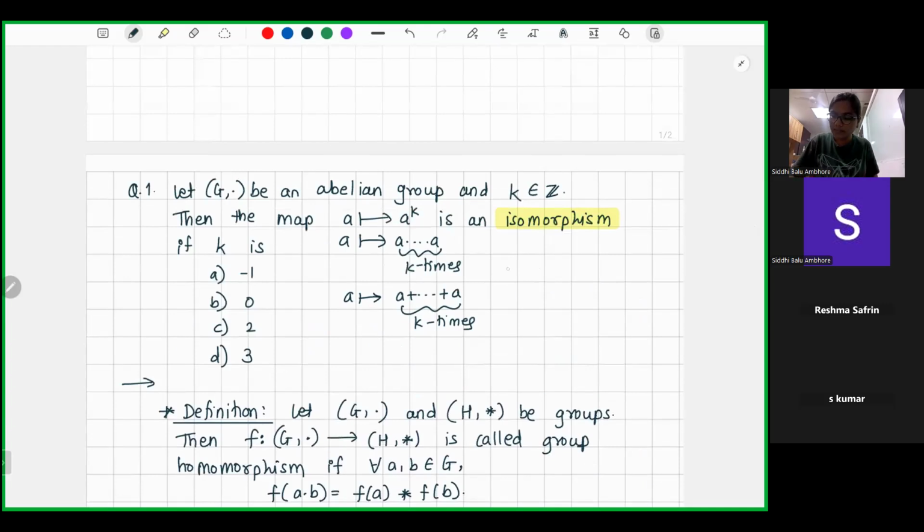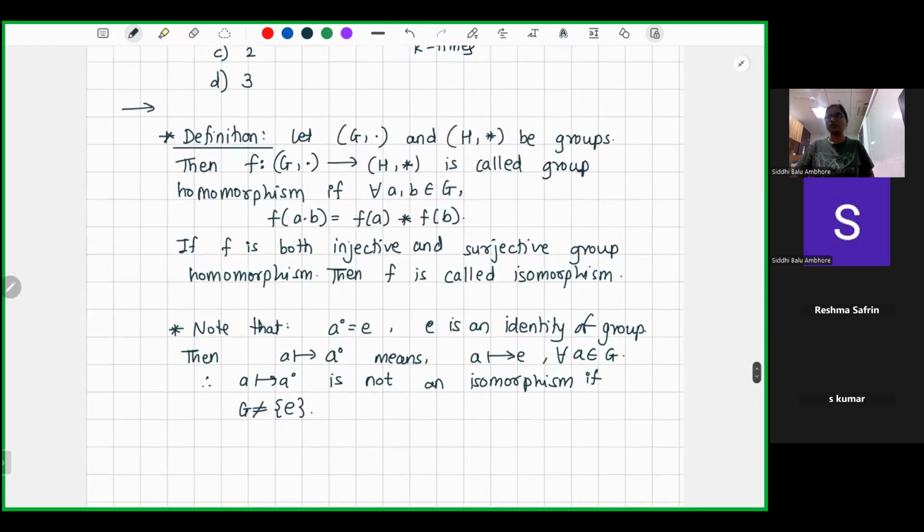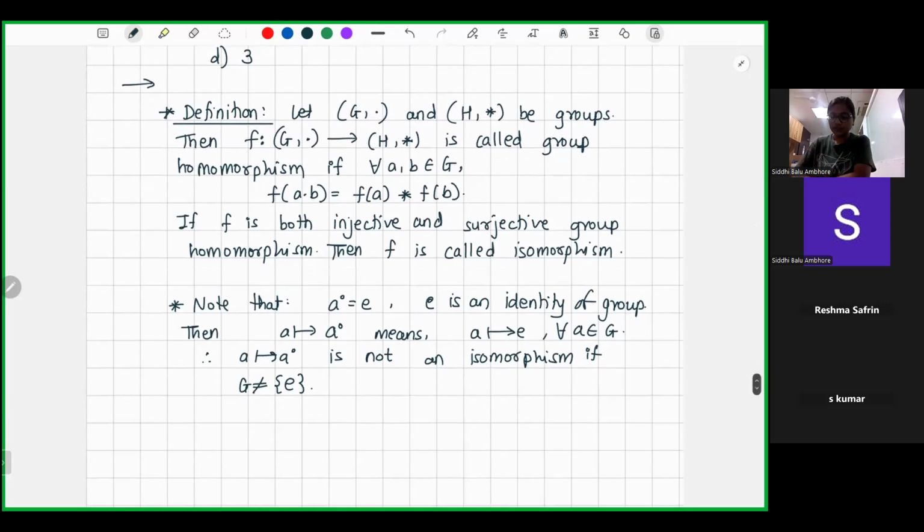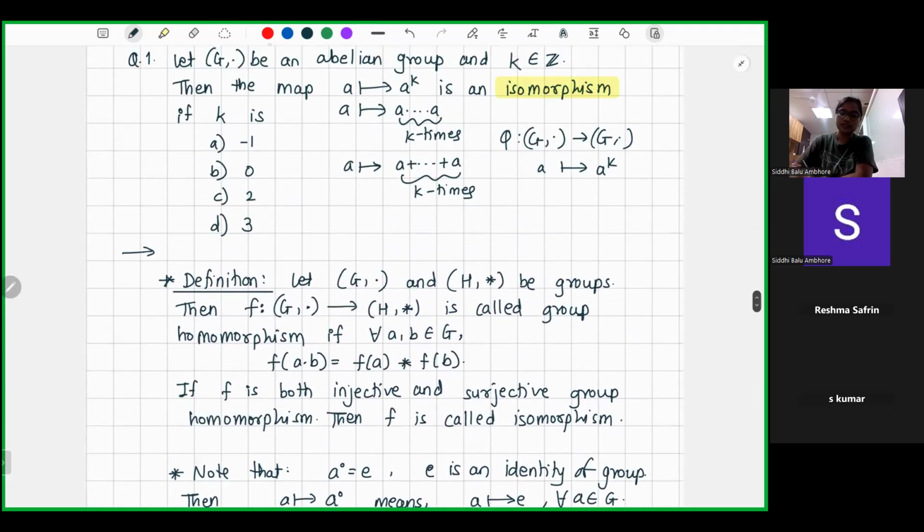Let us call this map phi from G to G, with A going to A power K. So this one is not correct: A going to A power 0 will not be an isomorphism whenever my group is a non-trivial group. Of course, when G is a trivial group, containing only the identity element, this will form an isomorphism.